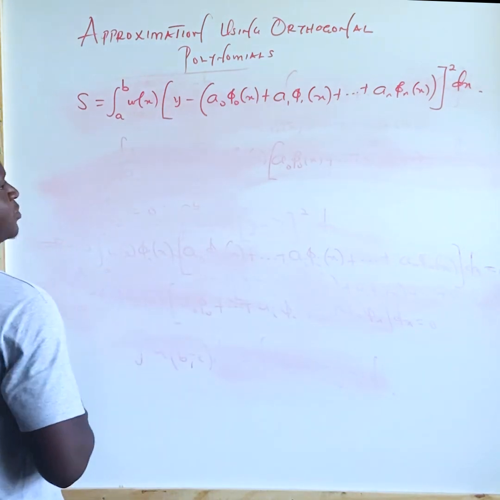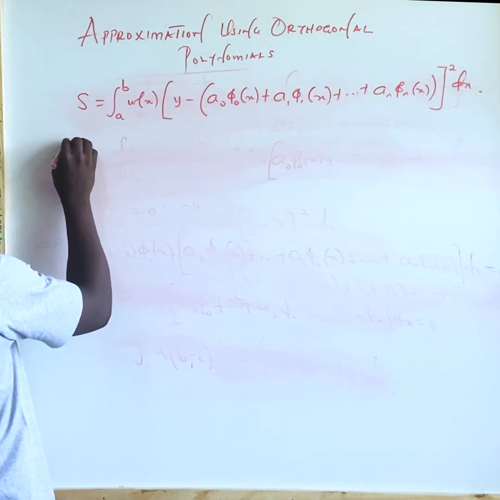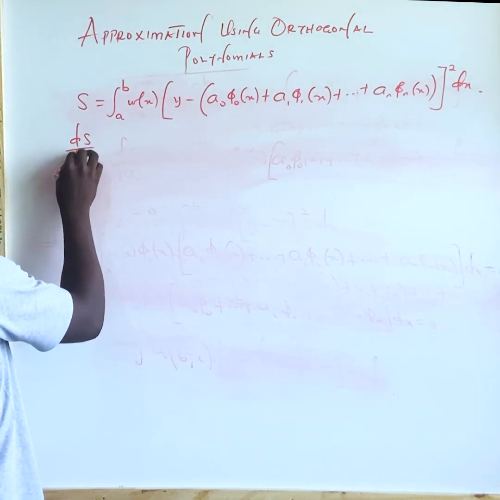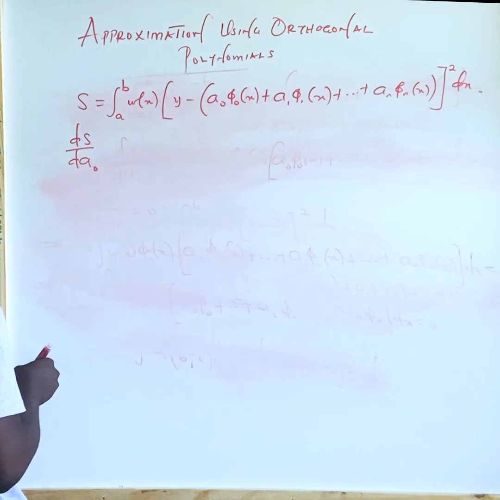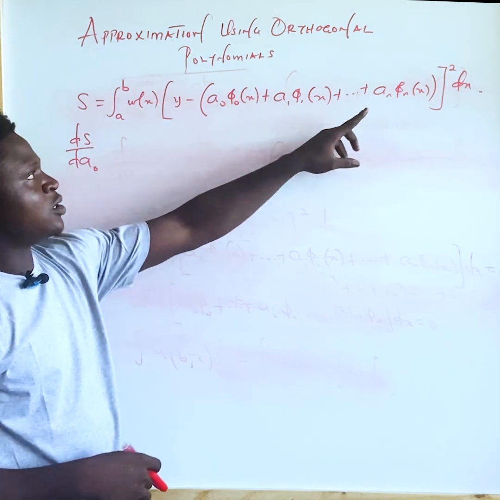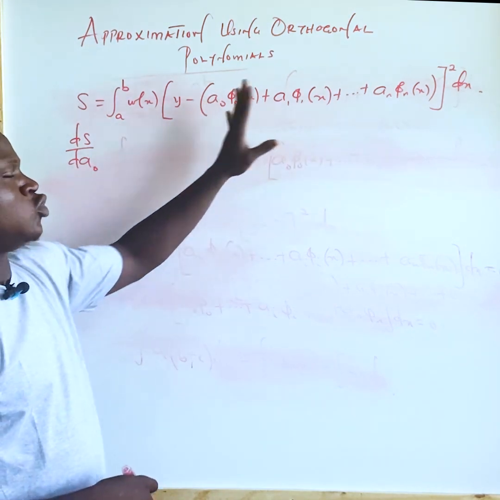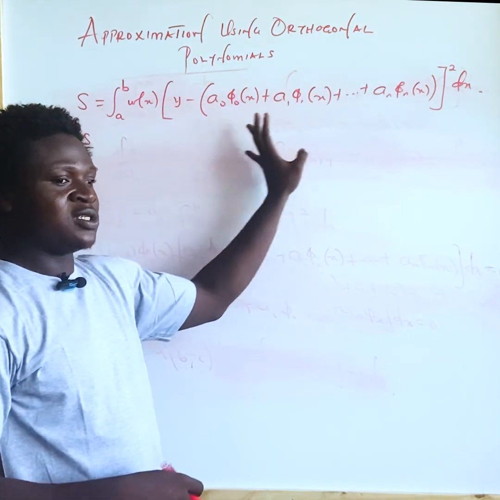So we want to get the ds by d ai. Don't forget, your i is a number between 0 and n. So if a naught behaves a certain way, i too should behave that way, because they are all following this same pattern.